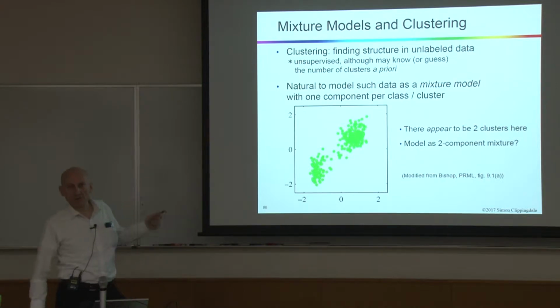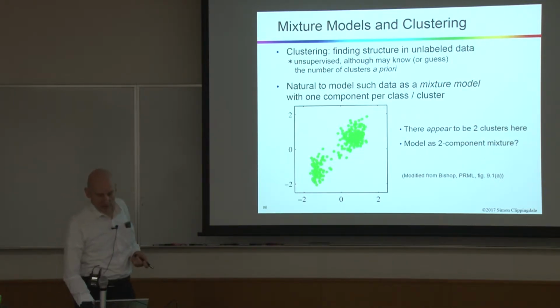It's easy to see for us, much less easy to reach this conclusion with an algorithm reliably. But it's natural to model data of this type as a mixture model with one mixture component per class or cluster. So this looks like a two-component model here.